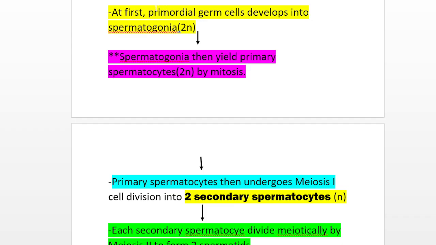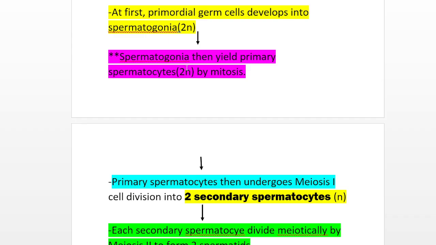So the primordial germ cell develops into spermatogonia. In the first step, this spermatogonia, which is a diploid structure, then yields primary spermatocyte by mitosis. All three structures, that is primordial germ cell, spermatogonia as well as primary spermatocyte, are diploid.